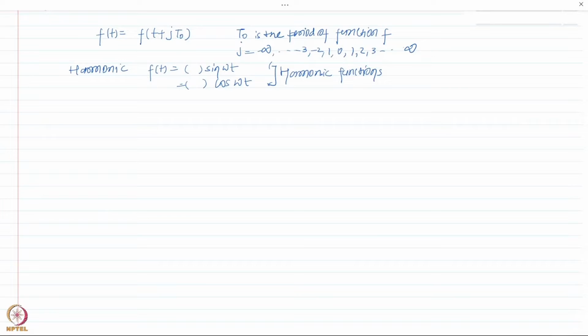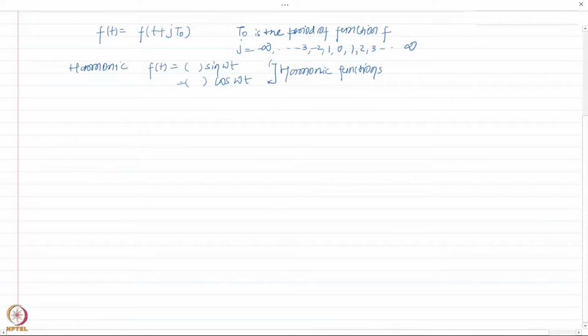But the idea is that we start with simple understanding, and then build on that platform to understand more complicated systems subject to more complex excitations. If you understand the response of a single degree of freedom system to harmonic excitation, it would provide you insight into how the system would behave under other types of excitation.